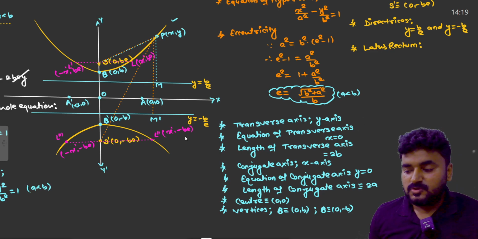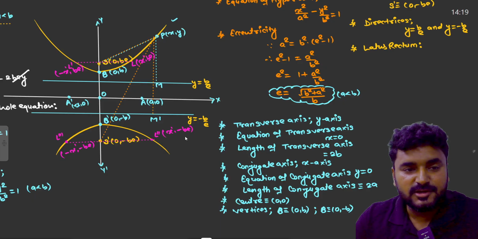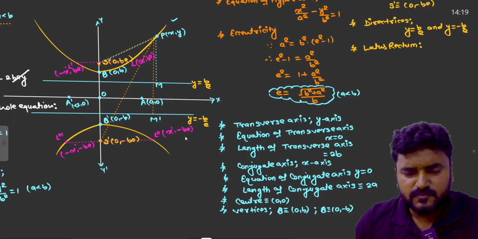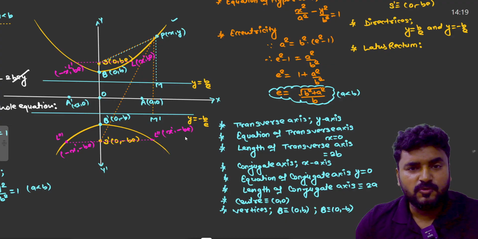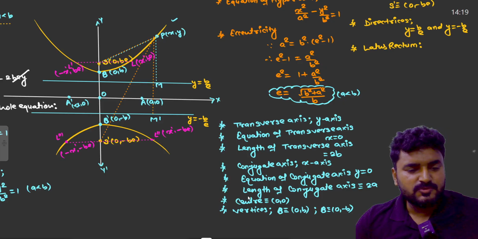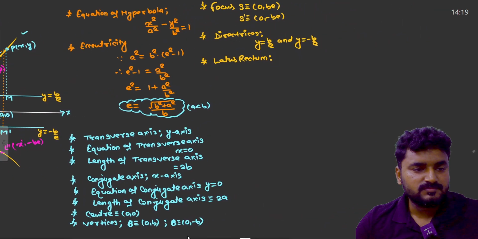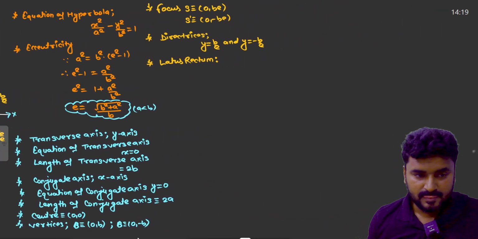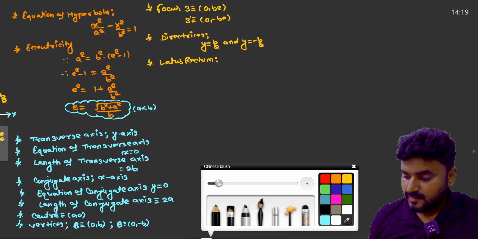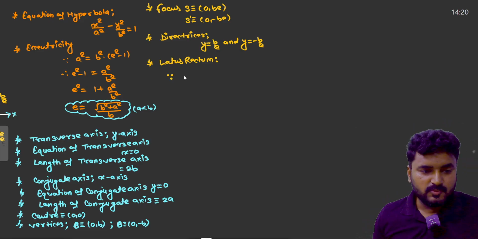You can see all of these lie on the hyperbola, so we can take any one of these 4 points and put it in the equation of the hyperbola so that it satisfies it. So now let us put. You know the equation of the hyperbola, let's see what we have written.